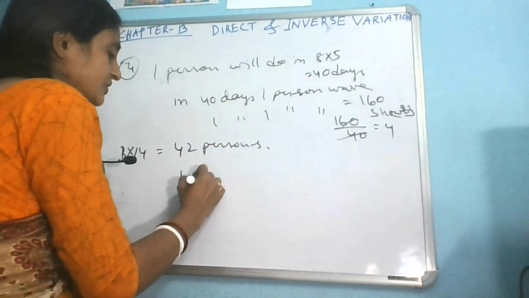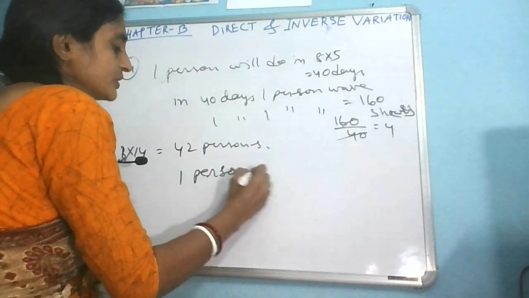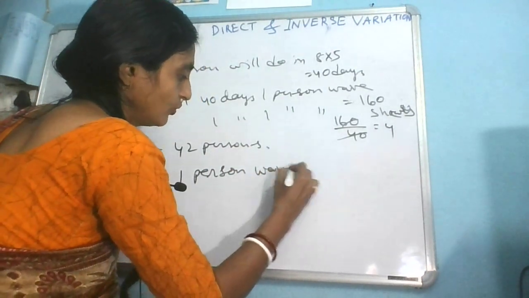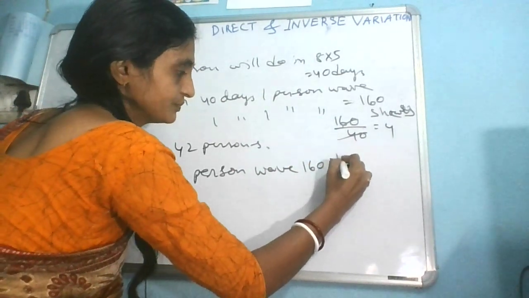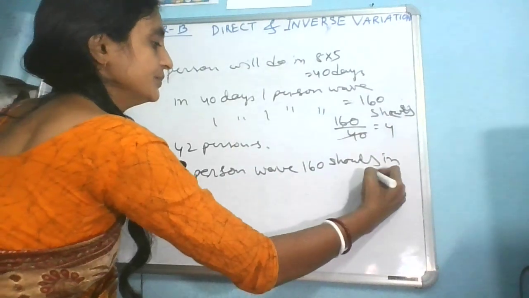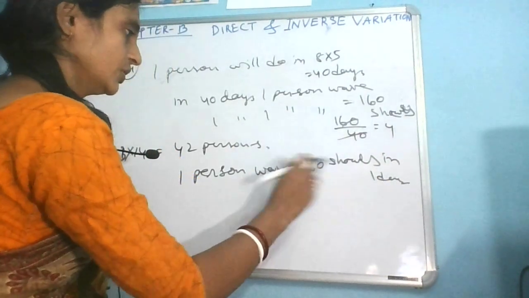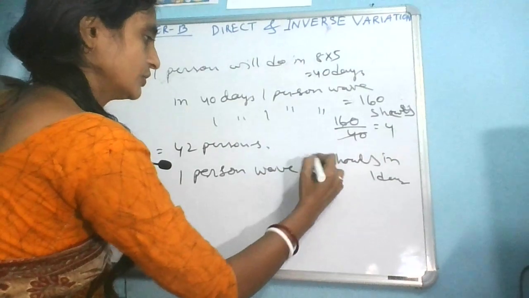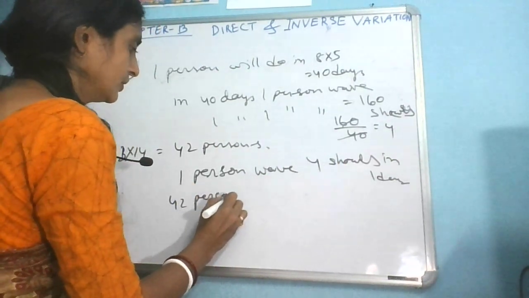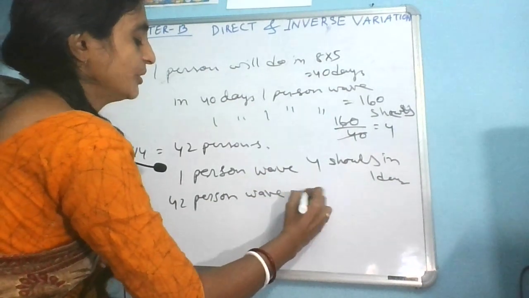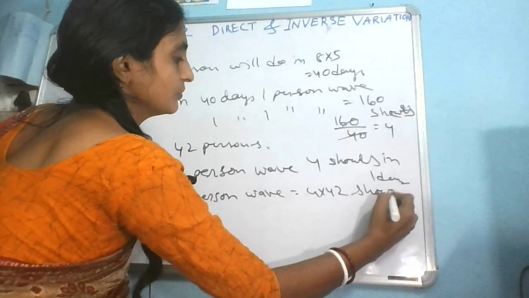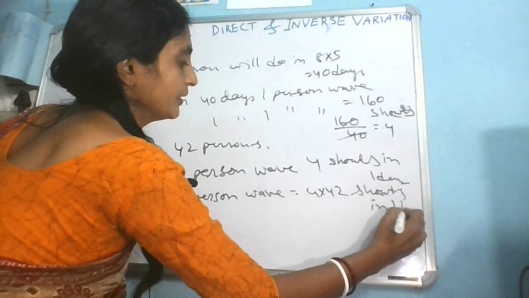So if one person weaves, yes, it is given weave, sorry, it is 4 shawls in one day, then 42 persons weave how many? 4 into 42 shawls in one day.